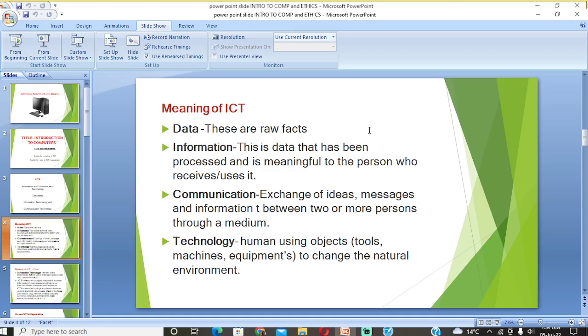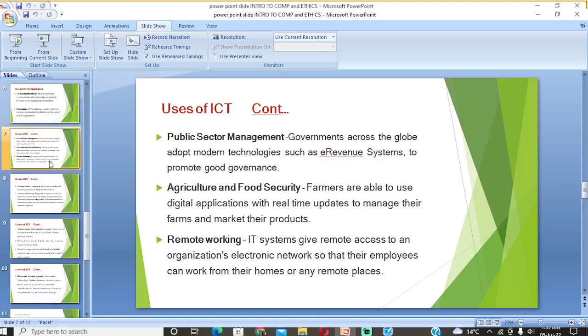So now let us move on and look at the meaning of ICT. So ICT, we can say, is a set of technological tools and resources used to transmit, store, create, and share information.